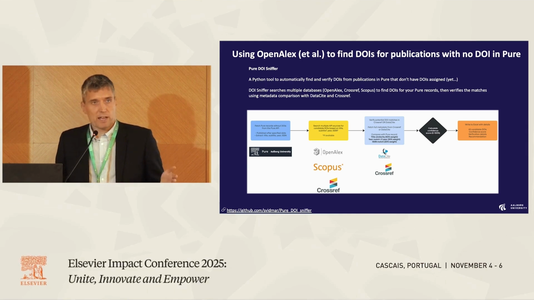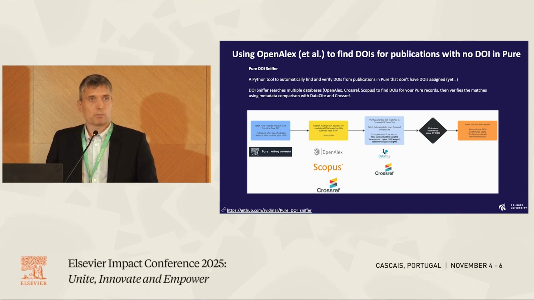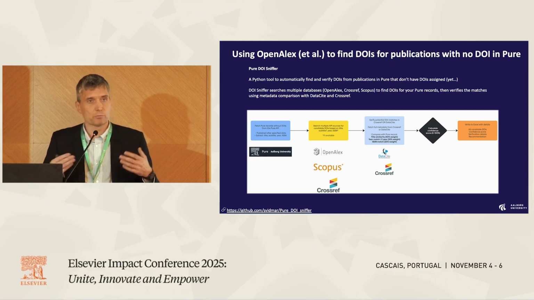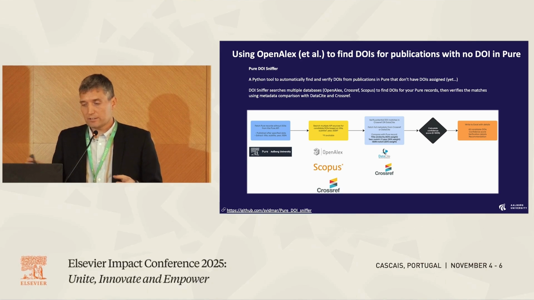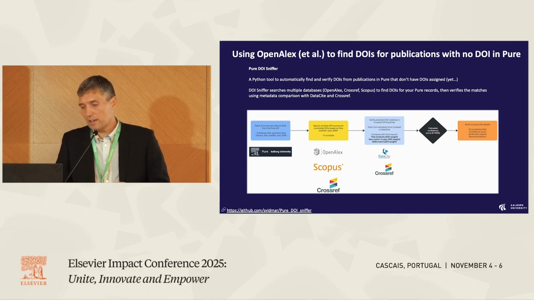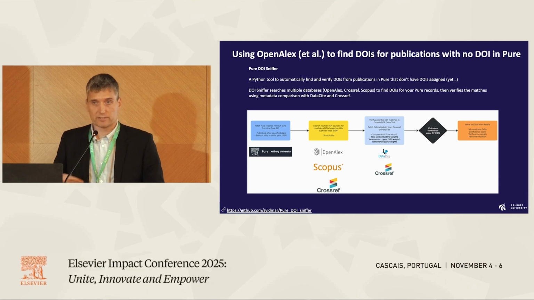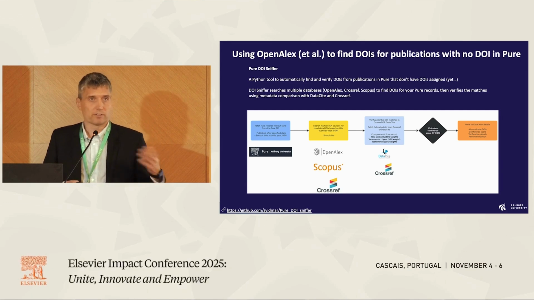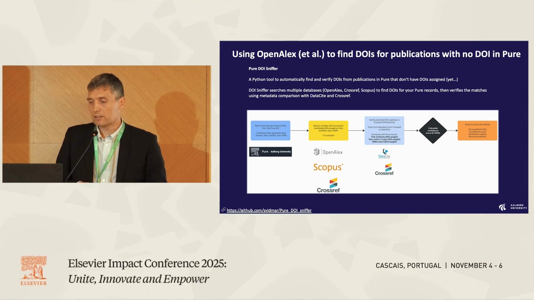If a potential match is found, it then does a lookup in DataCite and CrossRef to identify whether this is actually a match or a false positive. And it gives a score based on how well the title matched, whether it is the same ISSN, whether it is the same publication year, and so on. It then calculates a confidence score from 0 to 100% and logs the result in a CSV file.